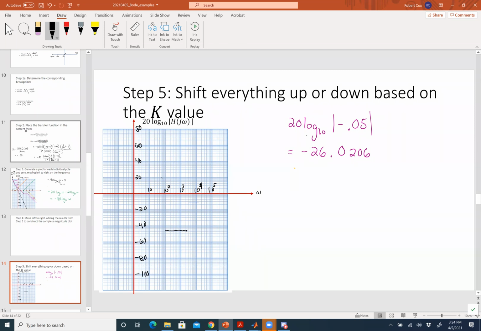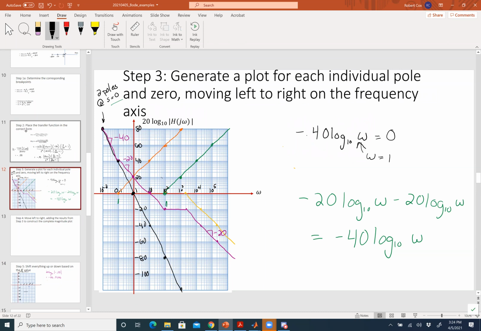So I just look at some special points. Another special point to look at is this break point right here. Previously, at this break point at 0.1, I was at 40 dB. So where would it be now? It'd be at 40 minus 26, which is about 14 or so.